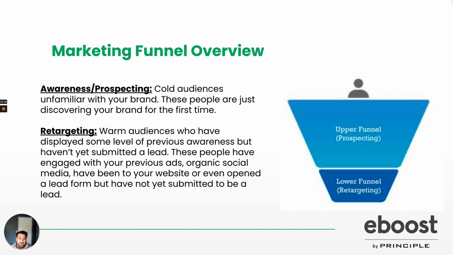Next, we have retargeting. So we have warm audiences who have displayed some level of previous awareness but haven't yet submitted a lead. These people have engaged with your previous ads, organic social media. They generally click like, follow you already. They've been to your website. They've even opened a lead form possibly, but haven't yet submitted to be a lead.